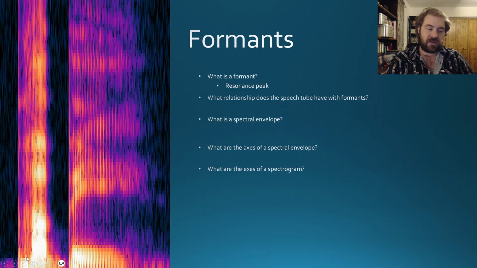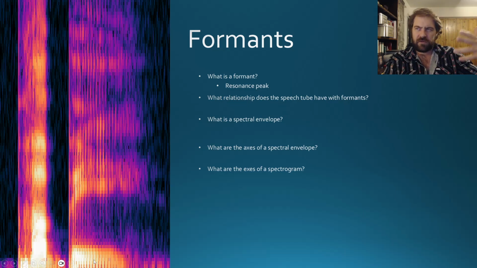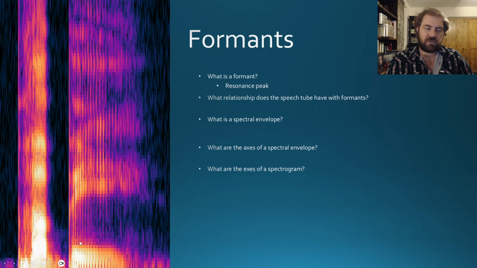So the individual harmonics that fall into that formant get amplified, and that's what creates this band of formants here, and here, and here, and here, and here, and all of those all the way.